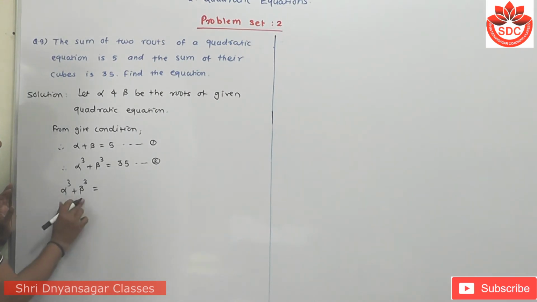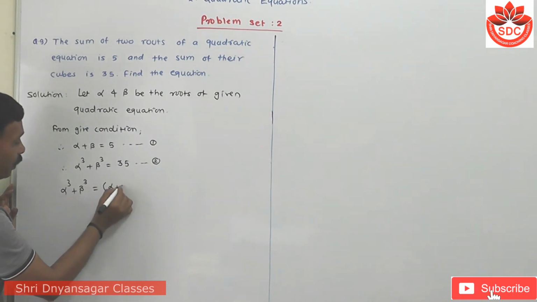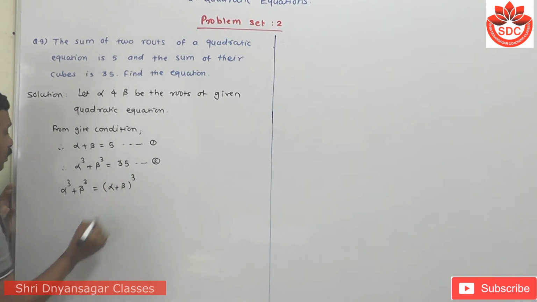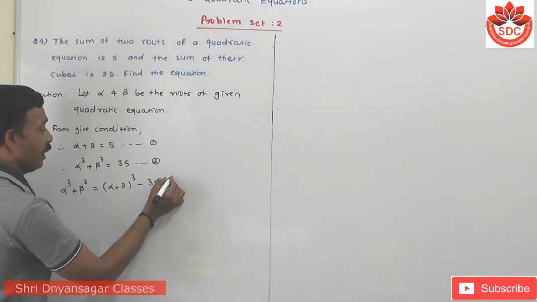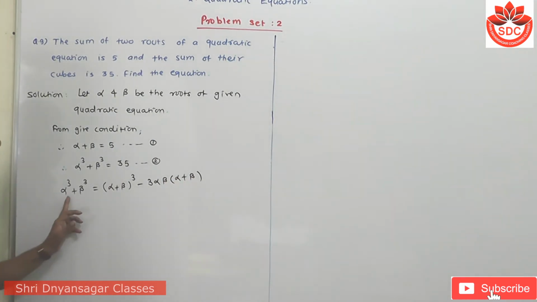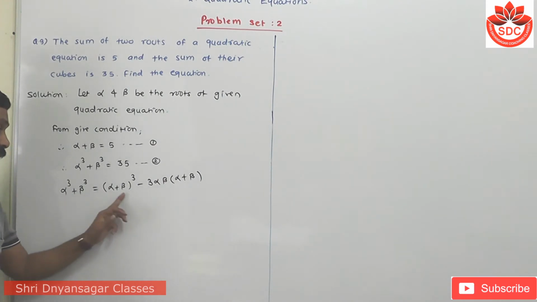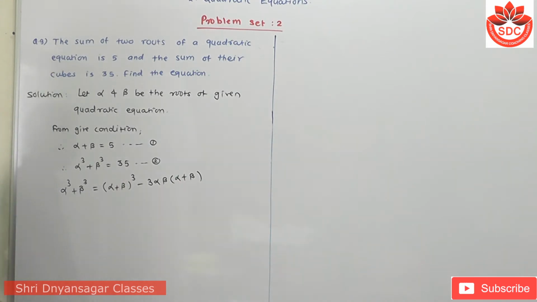Now by using this, we have to write here alpha plus beta cube minus 3 alpha beta in bracket alpha plus beta. This is alpha cube plus beta cube, that means a cube plus b cube equals a plus b bracket cube minus 3ab in bracket a plus b.